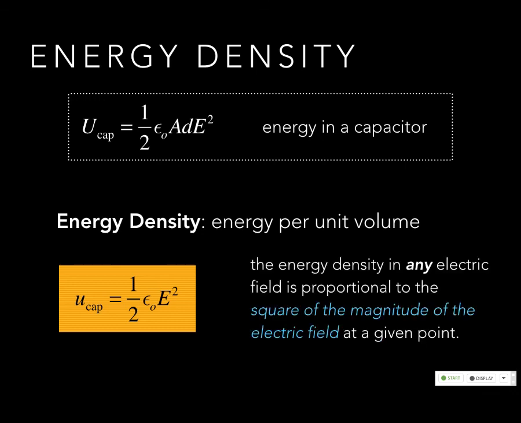So the energy density in any electric field is proportional to the square of the magnitude of the electric field at any given point, okay? Now obviously in other cases, this might not be a constant, but if you take this value at a point, it's always going to depend on the electric field, all right? Okay.